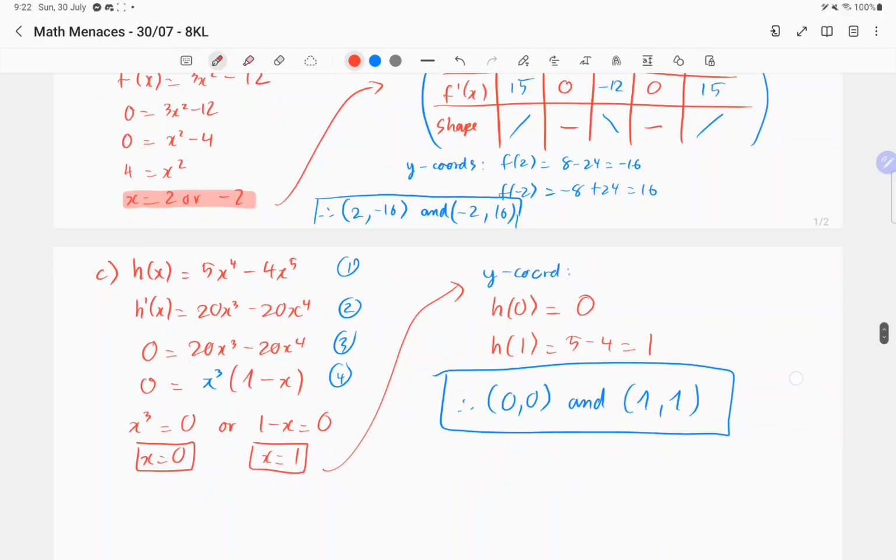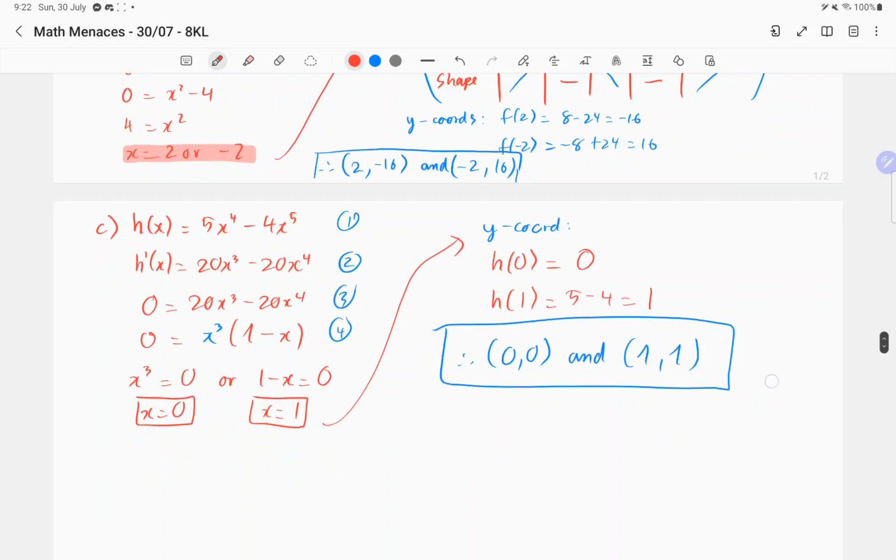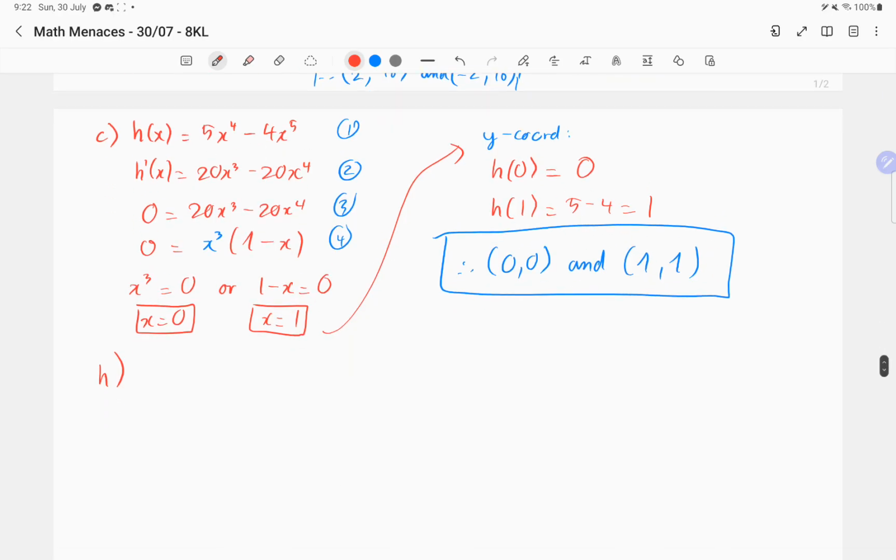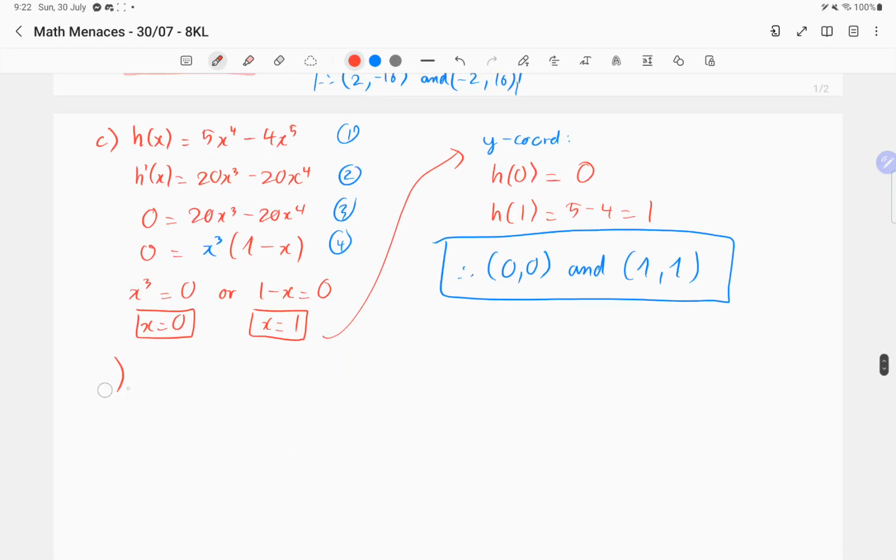0, 0, and 1, 1. And then question H. This question is simple and familiar because it's just supposed to be a recap of the Unit 2 stuff. For the next question, I'll go through some examples first and then you can try out the next question.